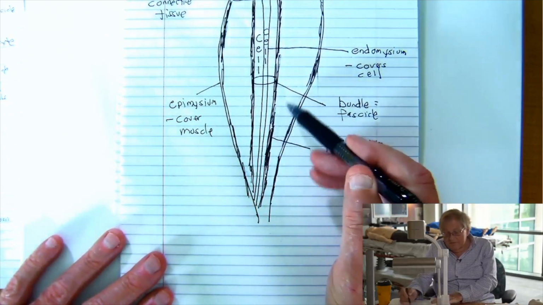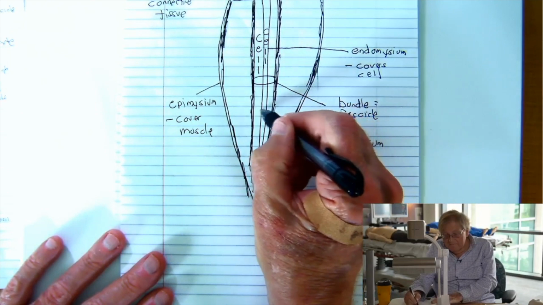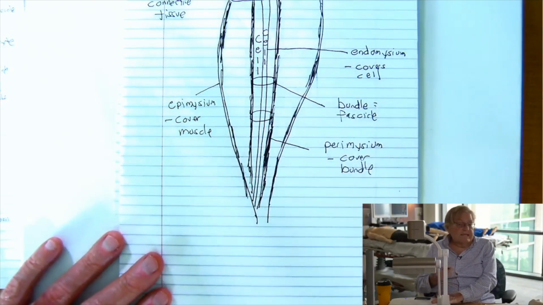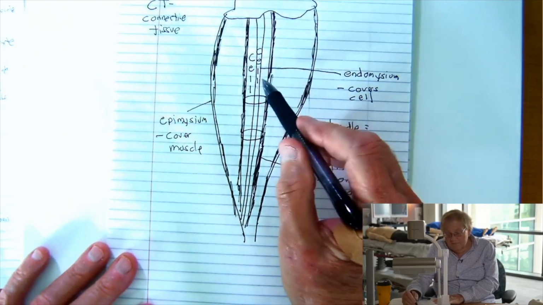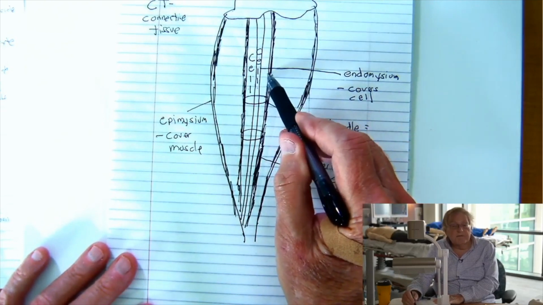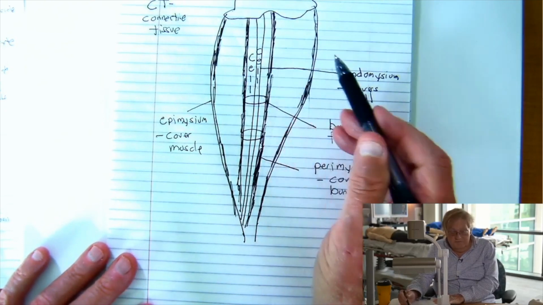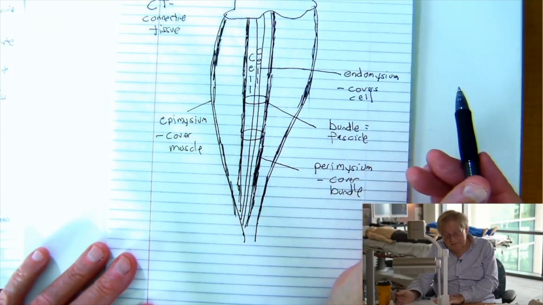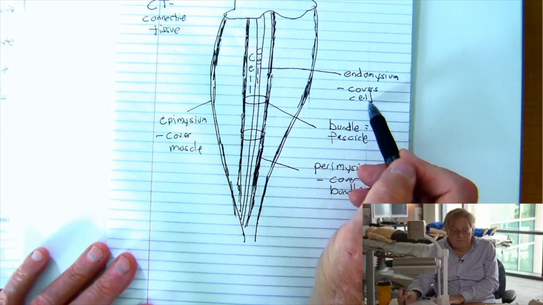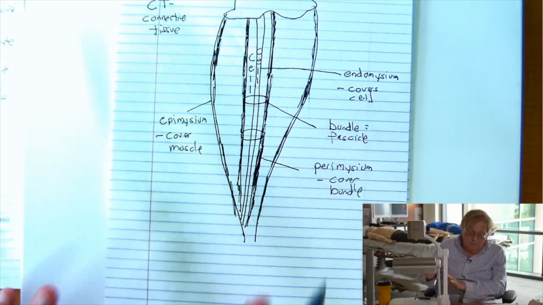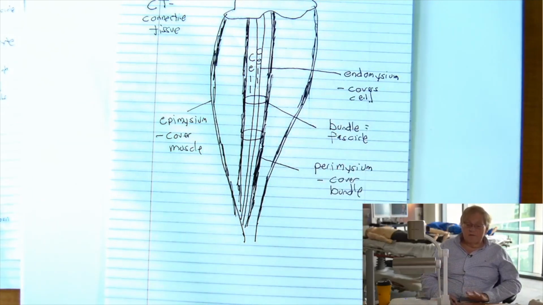So there's a bundle, this encircled area. And then each of those muscle bundles is going to have a cell. So there's 1, 2, 3 cells here. And each of those individual cells has its own connective tissue covering called an endomysium, which covers this cell. So that's how you want to start thinking of what I would call the big picture of muscle.